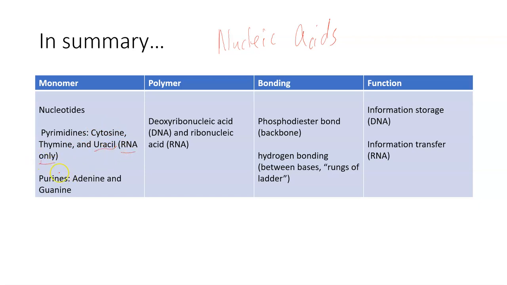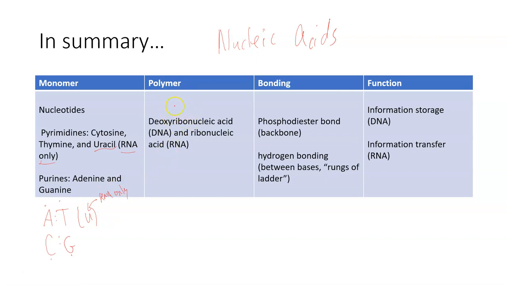Purines, adenine and guanine, A and G. If you remember, A bonds to T, C bonds to G in DNA, right? Of course, also U. Some people remember that as apple in the tree, car in the garage, if that helps you. A bonds to T, C bonds to G. Of course, U is used just for RNA only. It takes the place of T.